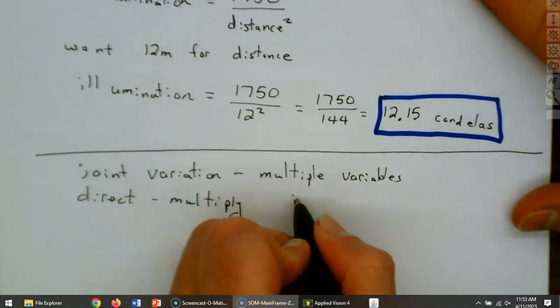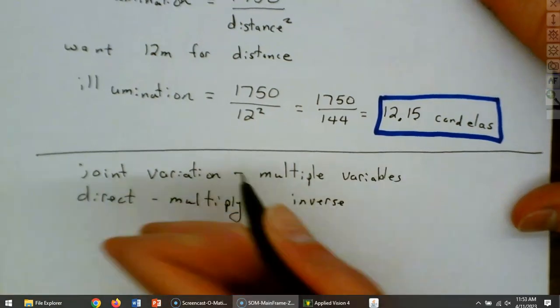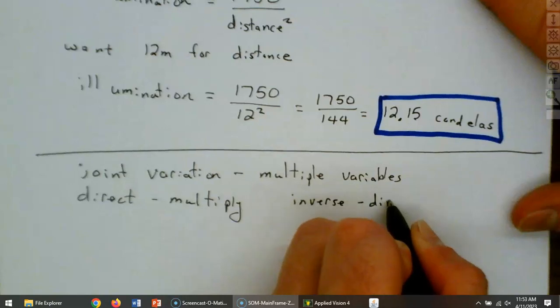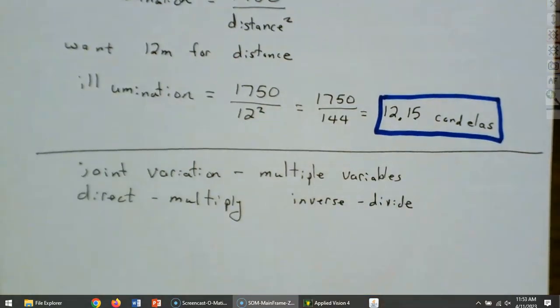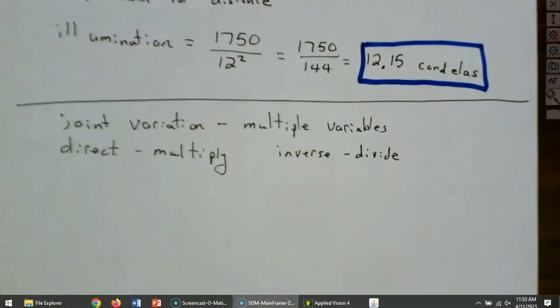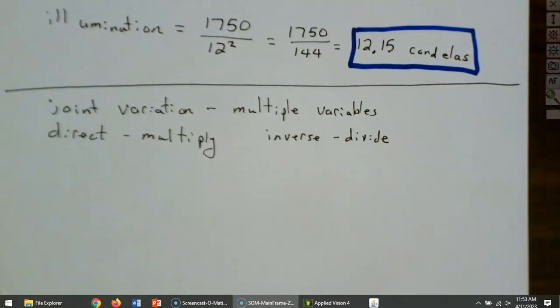When we talk about inverse, we divide. So that's going to tell us how we set these up. When you look at joint variation, you have multiple variables. Some are direct, some are inverse, but they all go together. So if it says direct, we always multiply. Inverse, we always divide.